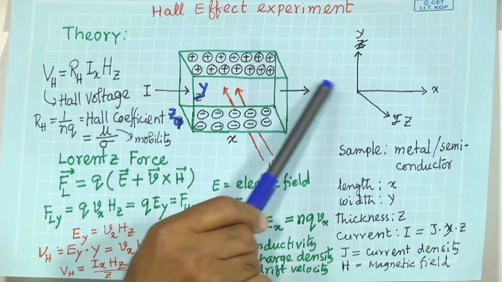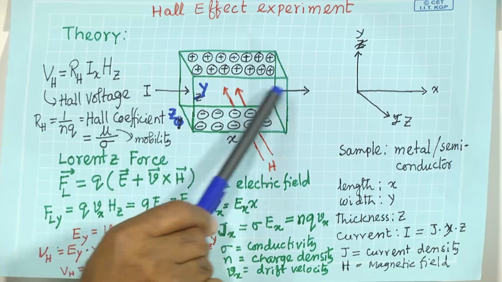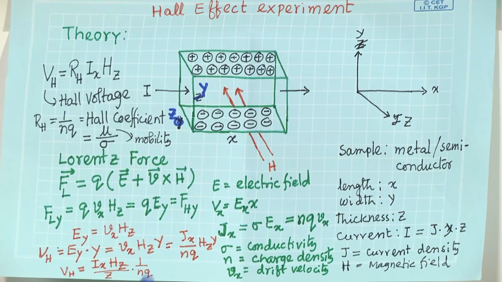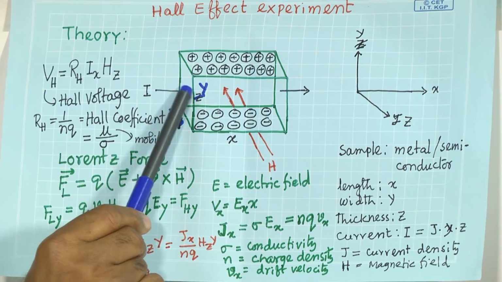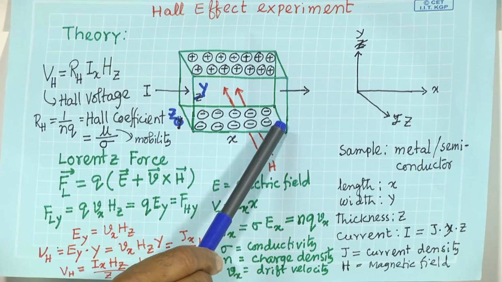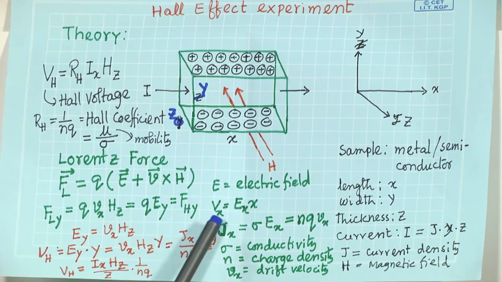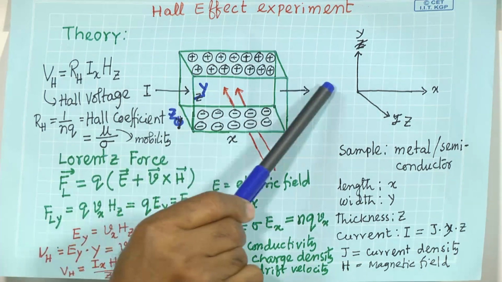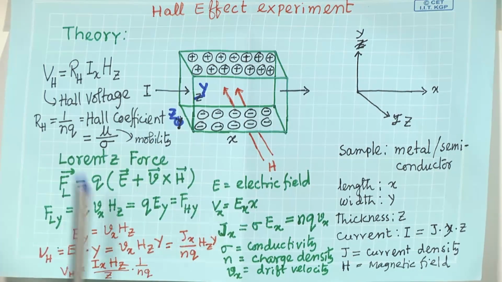It is just the electric field for constant current passing through the sample. So Ex, now this length, if it is x, then Ex into x will be the voltage Vx, the voltage along the x direction.